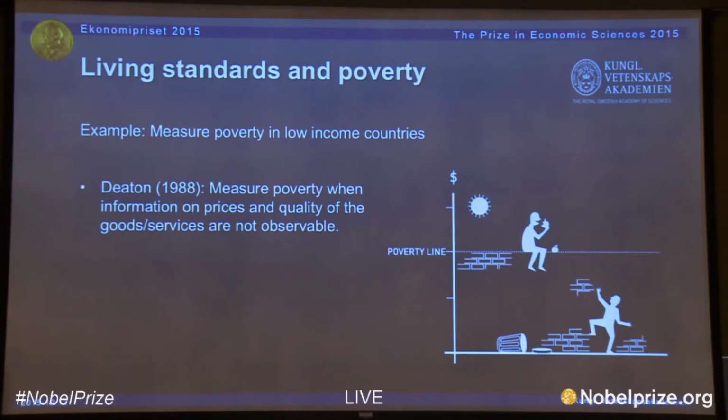So while we might have good expenditure data at our disposal, we typically do not know the prices and the quality of the goods that these households have consumed. So in work that has had a large impact on actual policy poverty measurement in many developing countries, Deaton showed a way to overcome this problem.